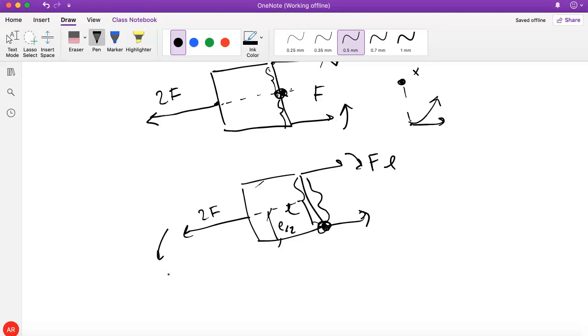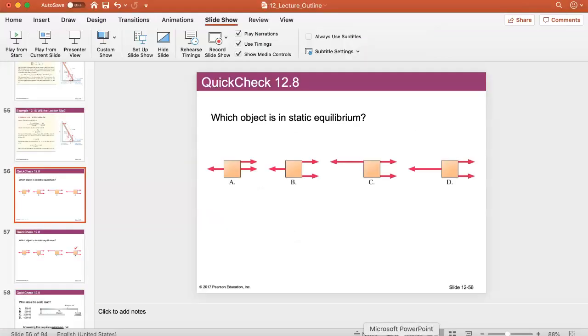Again, it gives me 2F times L over 2, which is FL, in the opposite direction. So it doesn't matter where you pick your axis, you're going to find 0 torque. So indeed, D is the correct answer here.